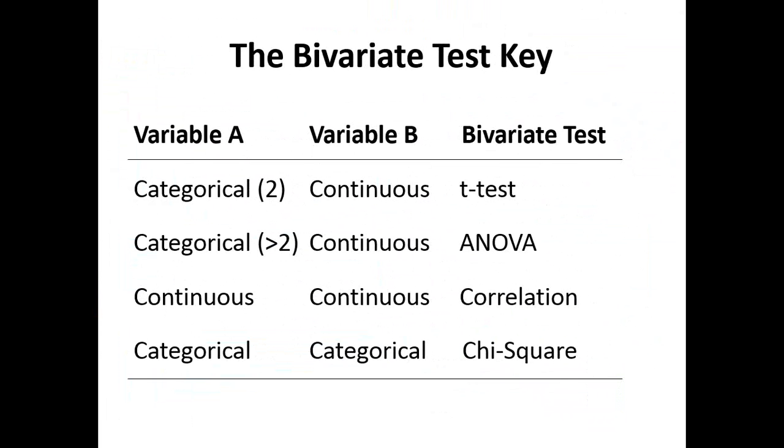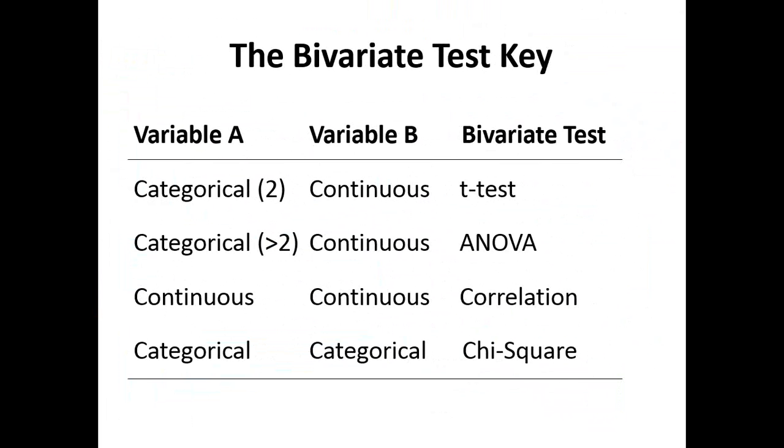So here's the bivariate test key. This will tell you all you need to know in selecting the correct bivariate test to compare the variables. First, it's generic. It tells you, see variable A and B. Since it's bivariate, there are always 2 variables, and we'll call those A and B. And the structure of each will tell us which test we need.